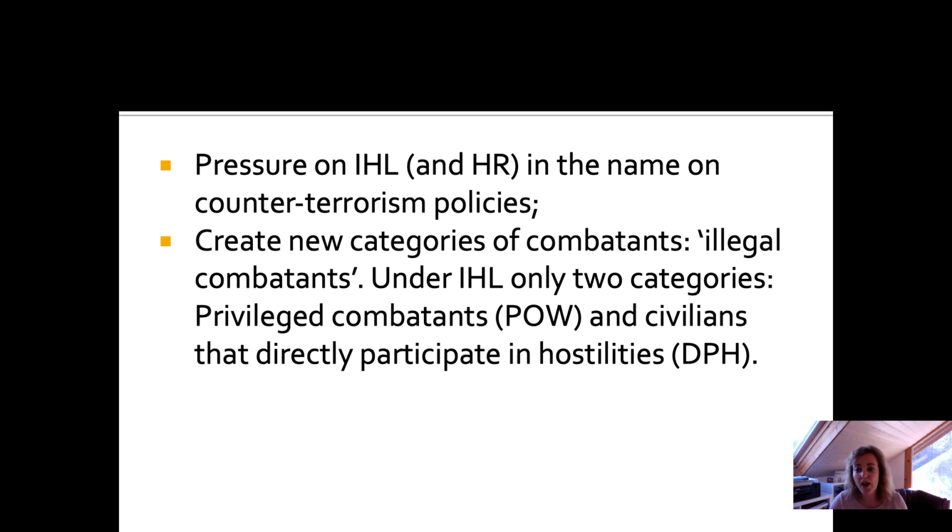On the other hand, you have civilians that directly participate in hostilities, and usually the members of armed groups in non-international armed conflicts are considered to be civilians that directly participate in hostilities. We are going to look into this notion a bit later in the course as well.